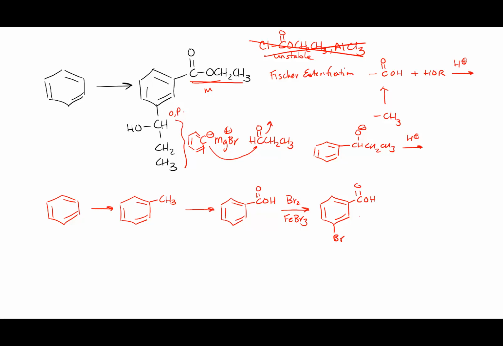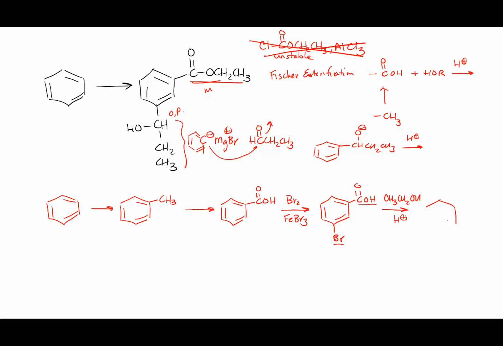All right, I need to think about this reaction right now. I need to seriously think about this reaction. Because if I try and make a Grignard out of this bromine, it's going to be deprotonated by the carboxylic acid, and it's going to kill it. So let's just go ahead and make the ester. So let's go ahead and react this with CH3CH2OH and acid.